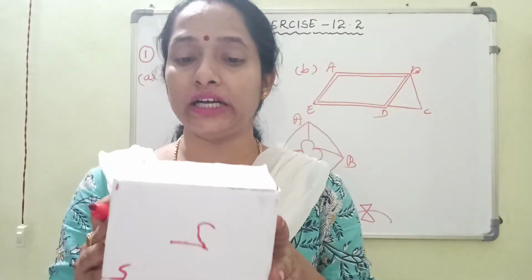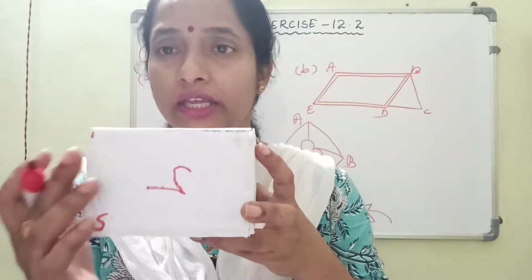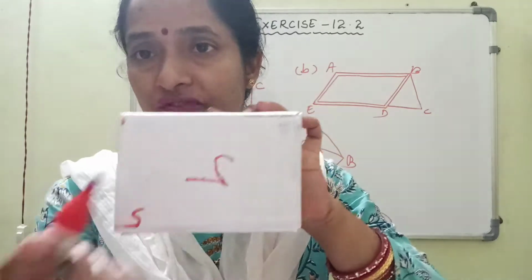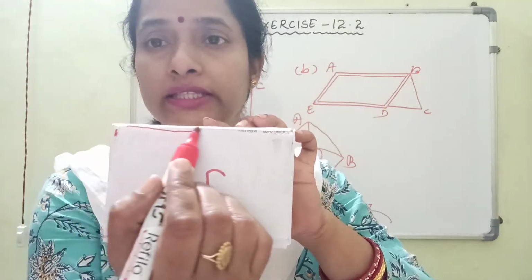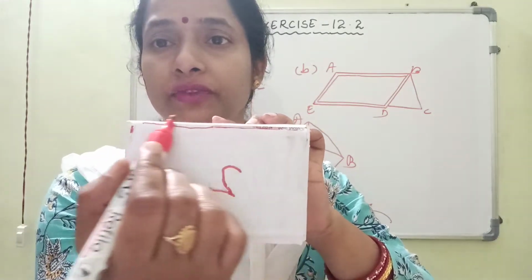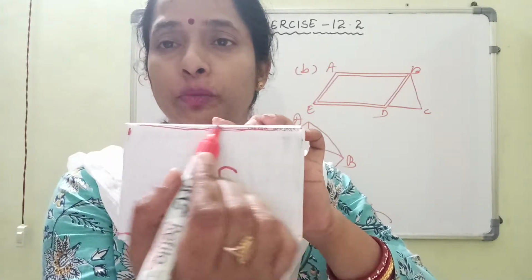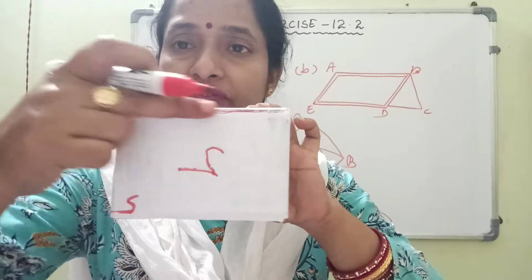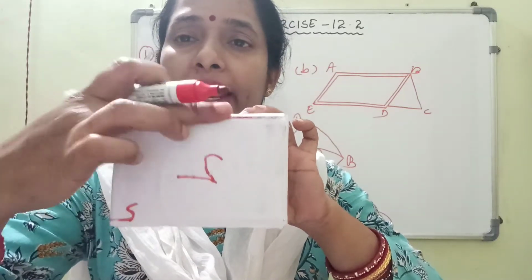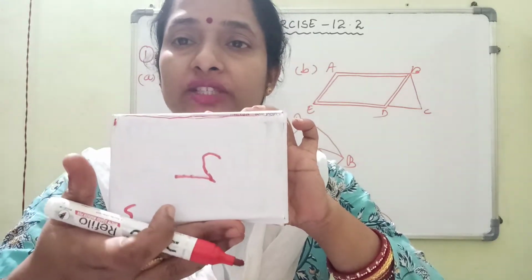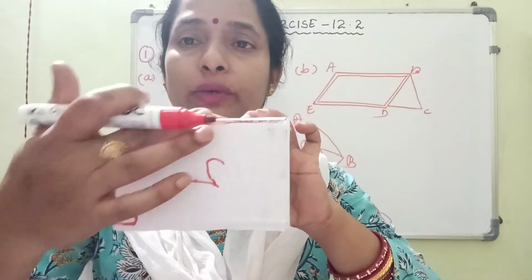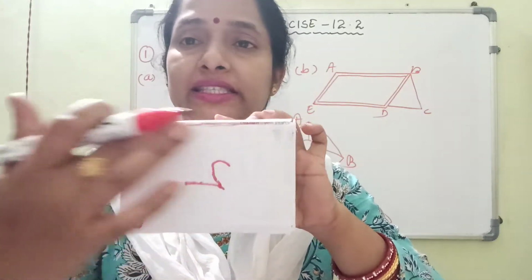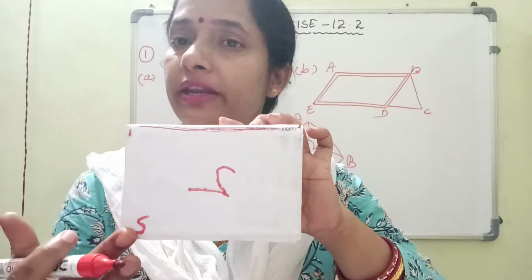Now let us observe each face carefully. If you observe this face, what is this part called? This is the edge of the cuboid. Now carefully observe this edge and its opposite edge, which is here. It is equidistant from this one, and these edges will never meet.